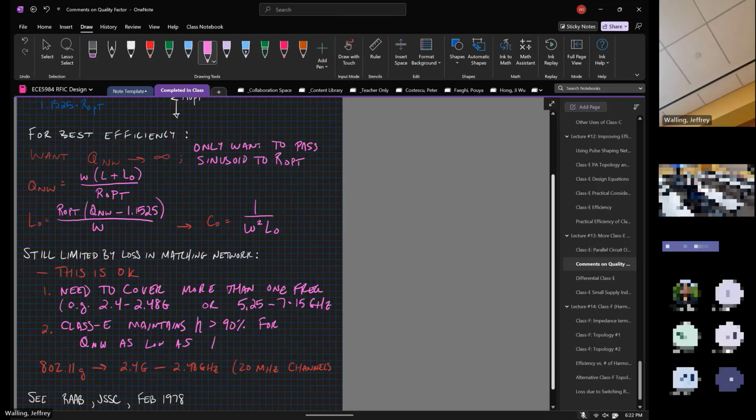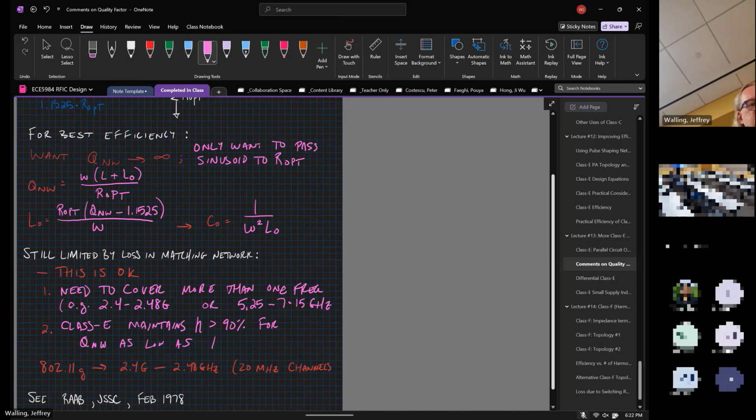Something I mentioned earlier that was shown in some of the original Class E work is that you can make your Q network as low as 1 and maintain 90% efficiency. So it's suboptimal class E, but it's still good. And that's kind of nice. A Q network as low as 1 implies that we can have a bandwidth spanning something like an octave, or something close to that.